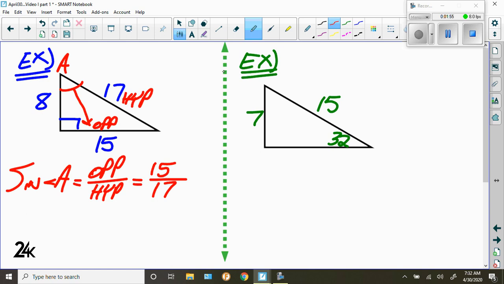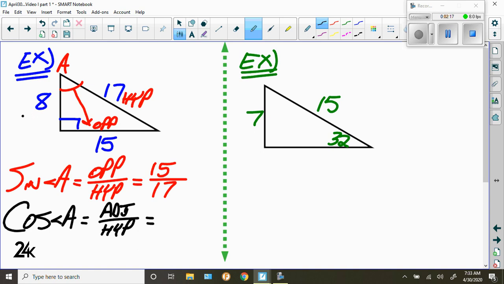Okay, so let's do cosine. What's cosine angle A? Well, that's adjacent over hypotenuse. Well, if that's opposite and that's hypotenuse, that's adjacent.